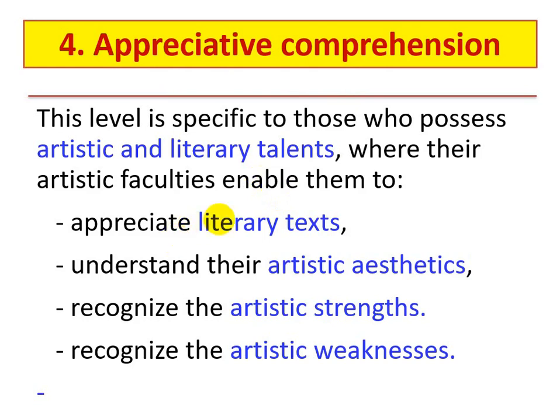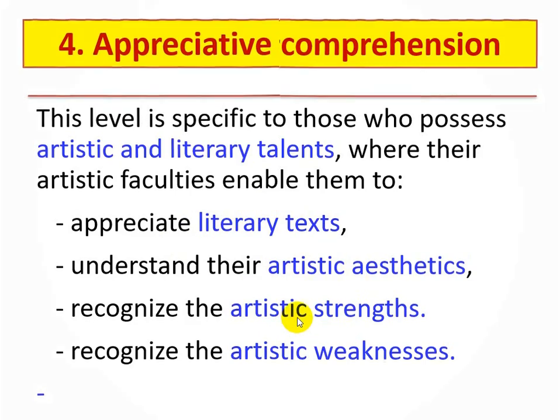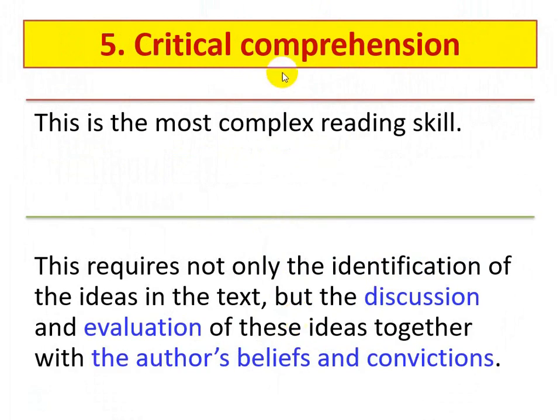So they can appreciate these texts and can decide on the value of the artistic aesthetics and the artistic strengths or weaknesses of this work. The last one is the critical comprehension, and this is the most complex reading skill. Why?